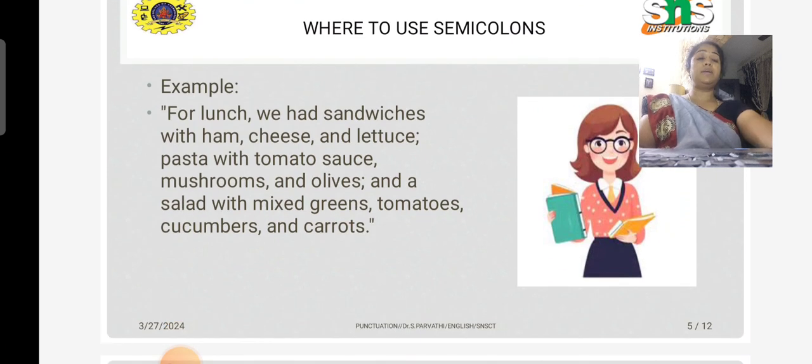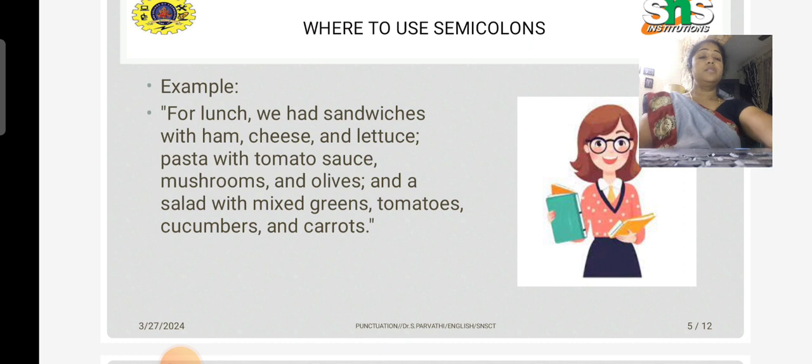For example, for lunch, we had sandwiches with ham, cheese and lettuce; pasta with tomato sauce, mushrooms and olives; and a salad with mixed greens, vegetables, tomatoes, cucumber and carrots.